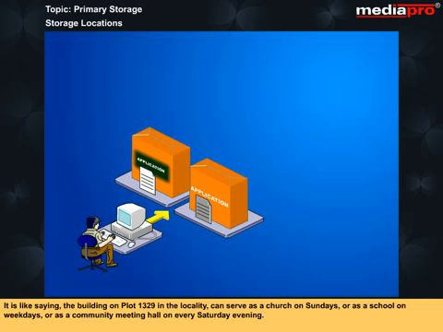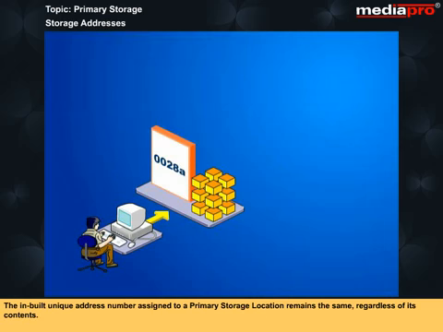It is like saying the building on plot 1329 in the locality can serve as a church on Sundays, or as a school on weekdays, or as a community meeting hall on every Saturday evening. The inbuilt unique address number assigned to a primary storage location remains the same regardless of its contents.